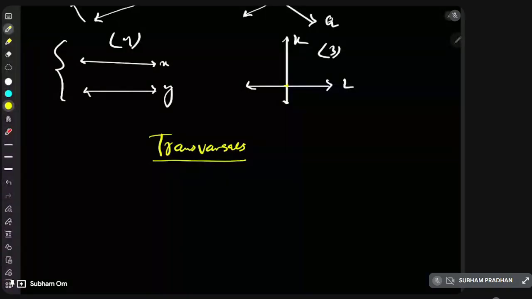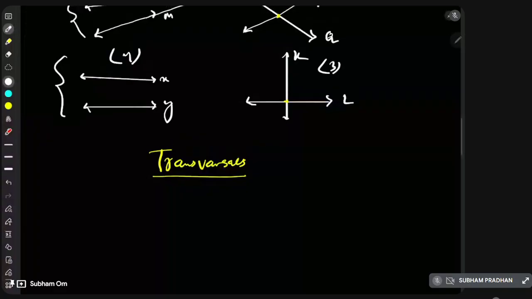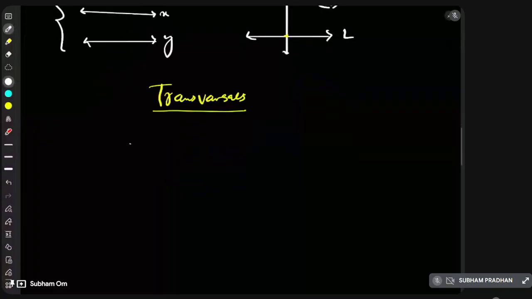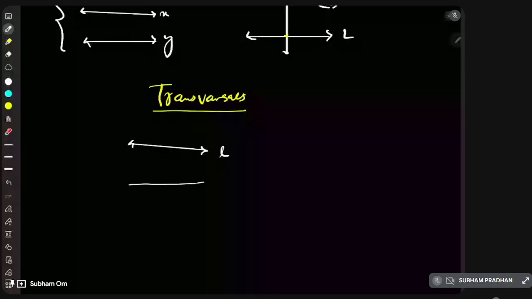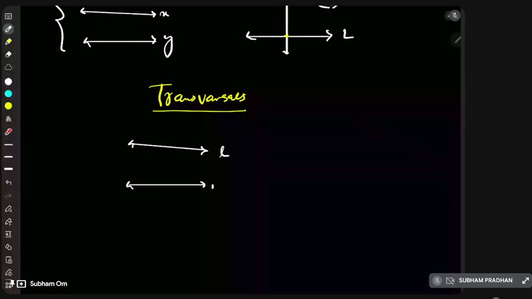So let's take two lines, line L and line M. We got to know that whenever two lines intersect with each other, they form angles.